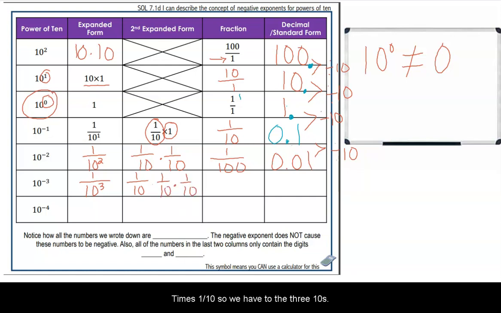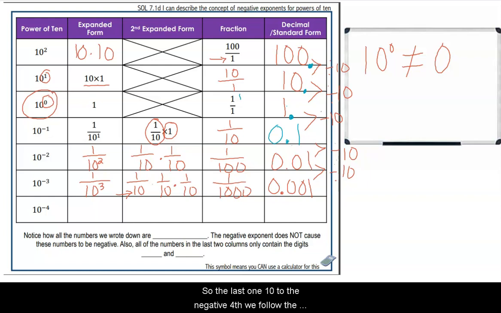So we have the three tens, but it's in the form of a fraction, 1/10 times 1/10 times 1/10, which simplifies to 1/1000th. And then we move our decimal place one place, or we're dividing by 10 again. We're moving our decimal one more place to the left, which would be 0.001, which is 1,000th.